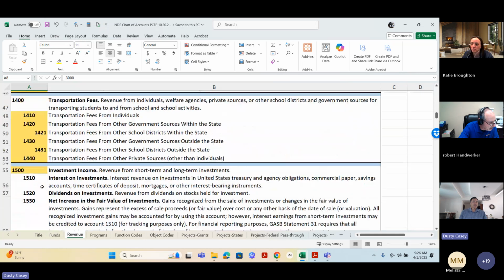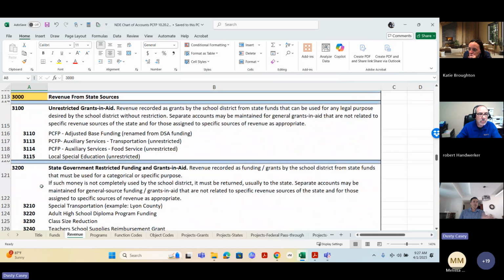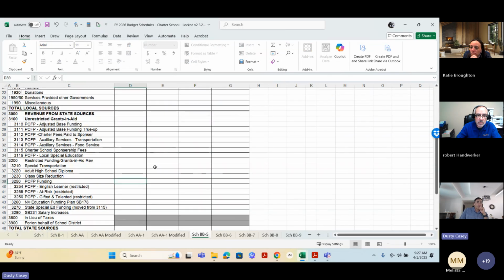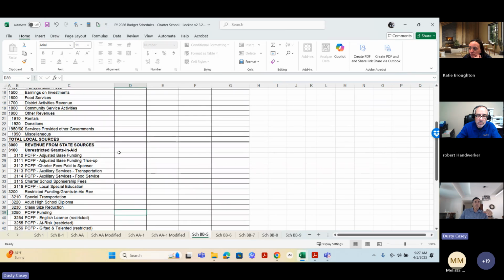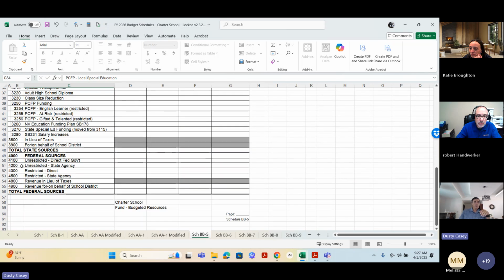This should match how you're doing your budget. These are the codes you should be following, this NDE code workbook here. So you're going to fill in all your revenue. Here's your PCFP funding. Here's your local SPED funding. Everything goes through here down to your federal sources, whether it's pass through or direct from federal sources.